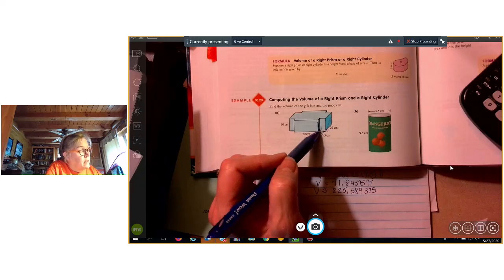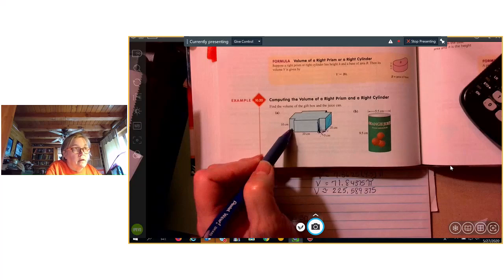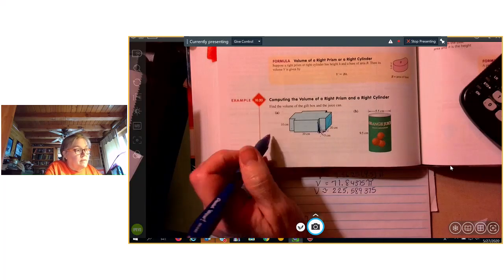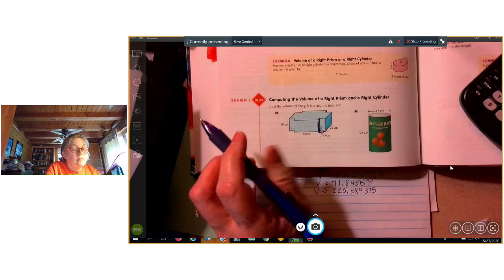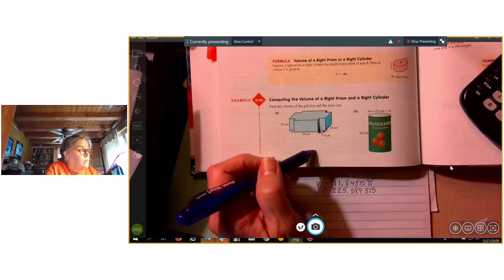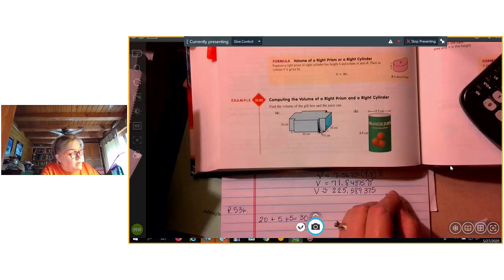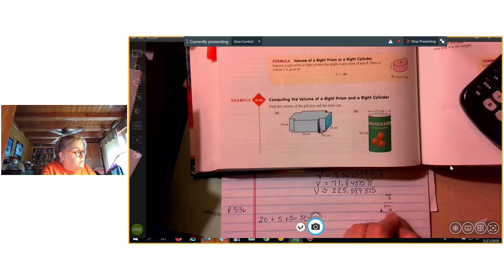So if we have a 5 times a 20, 5 times a 20, 5 times a 20, and 5 times a 20, 5 times 20, sorry, is going to be 100, and then times 4 is going to be 400.